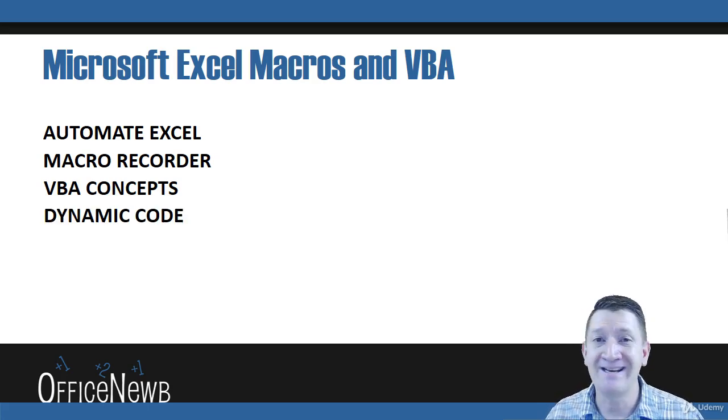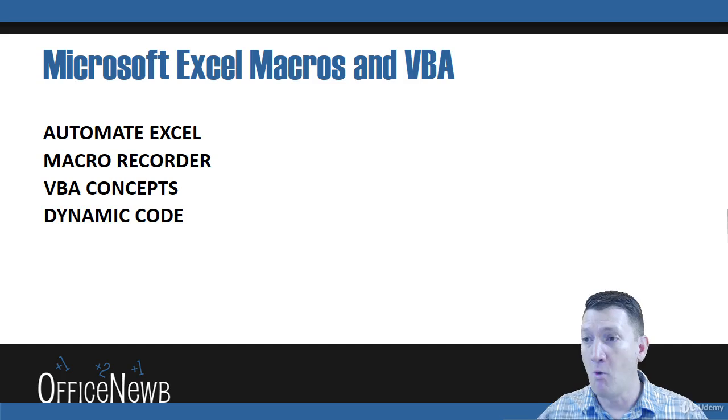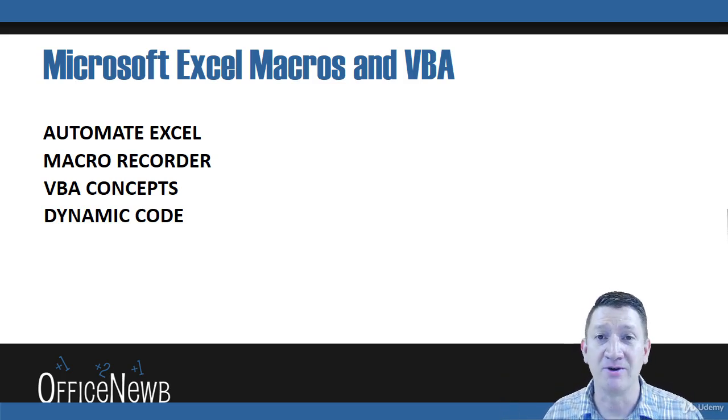We'll talk about how to create dynamic code. Perhaps you're importing that data every Friday to create that final report, and now some weeks you've got more data or less data. Well, I need to be able to create macros or procedures, VBA code, that will accommodate for differences in my data. So we'll talk about creating dynamic stuff.